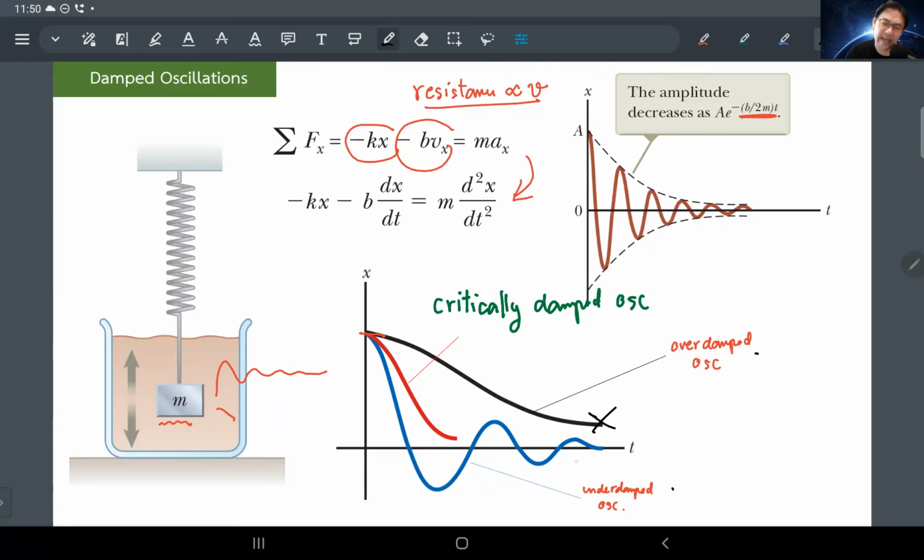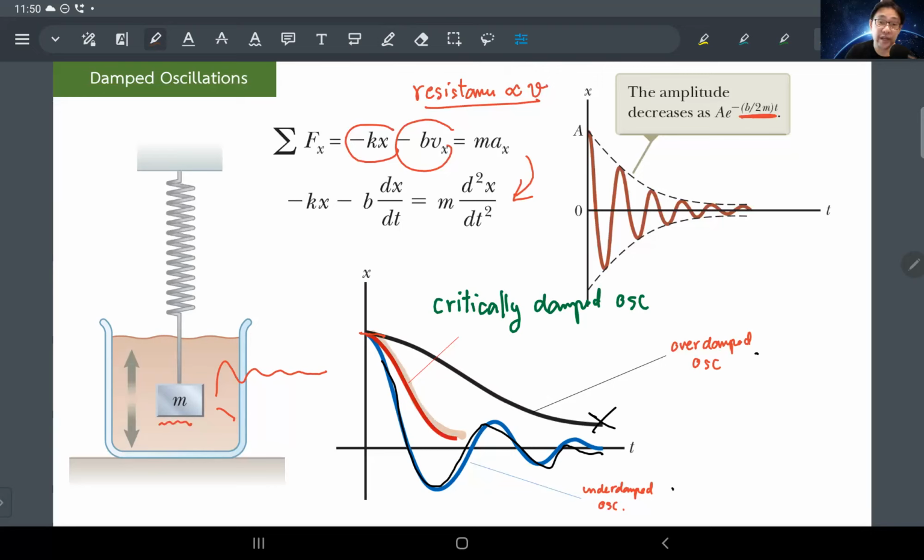The blue is kind of bad because it's undershoot, overshoot, undershoot, overshoot before it gets to the equilibrium point. But do you see the red line here? Whoa, this is so good. It will actually approach the equilibrium point very efficiently.